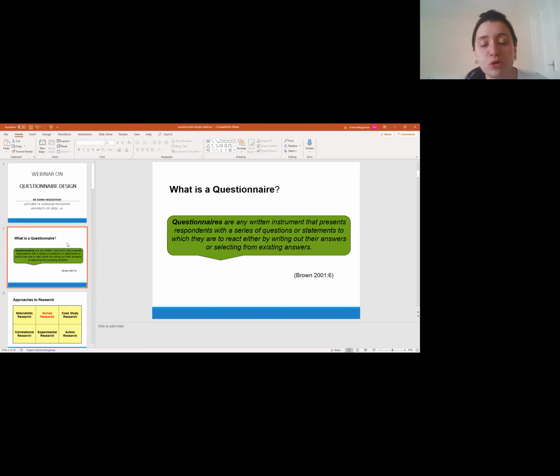These could be multiple choice questions, short answer questions, or Likert scale items where they would need to decide, for example, whether they strongly agree with a particular statement, agree, don't have any particular strong opinion, disagree or strongly disagree.